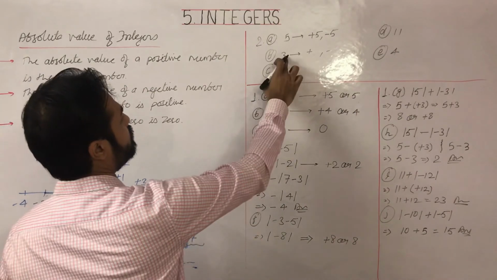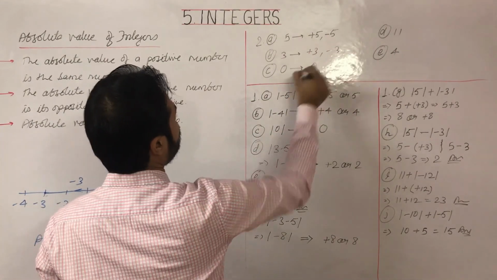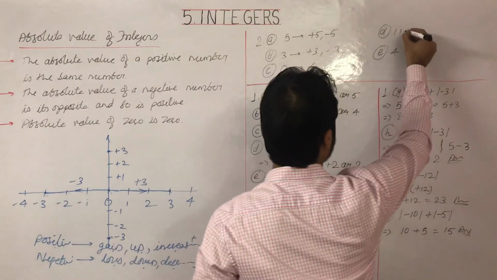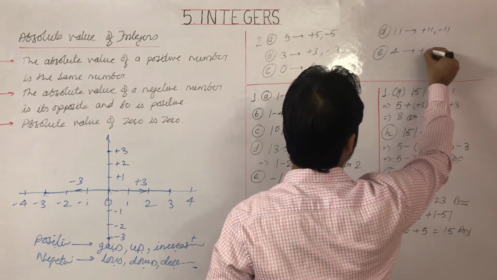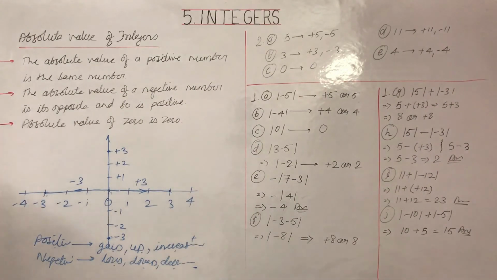So for 3, plus 3 and minus 3. For 0, only 0, because positive 0 and negative 0 is meaningless. Then 11, plus 11 and minus 11. For 4, plus 4 and minus 4. So these are all the numbers whose absolute values are 5, 3, 0, 11 and 4 respectively.